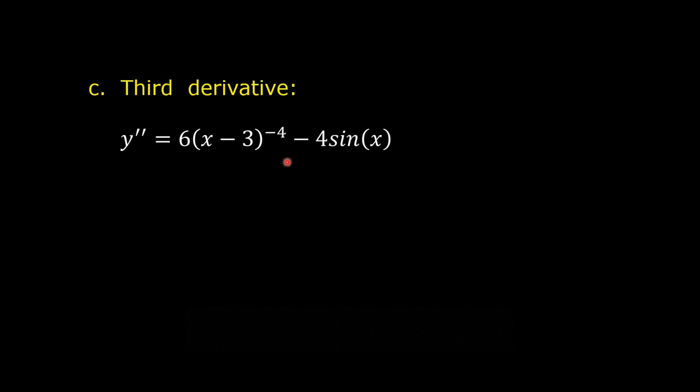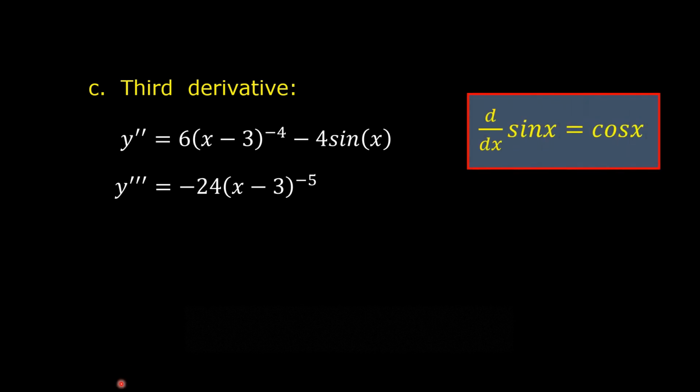Using the power rule for derivatives, we get y triple prime is equal to negative 24, because 6 times negative 4 is negative 24, times the quantity x minus 3 raised to negative 5. Negative 5 because negative 4 minus 1 is negative 5.